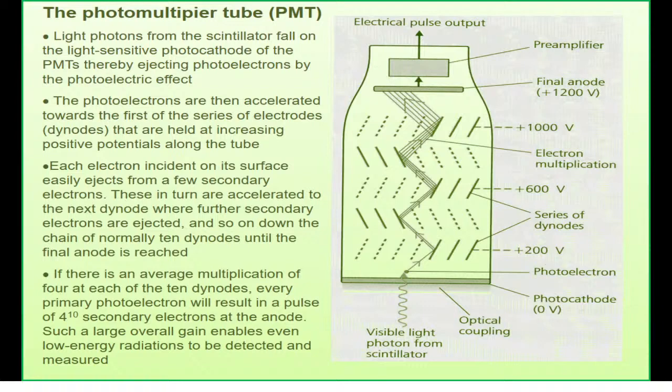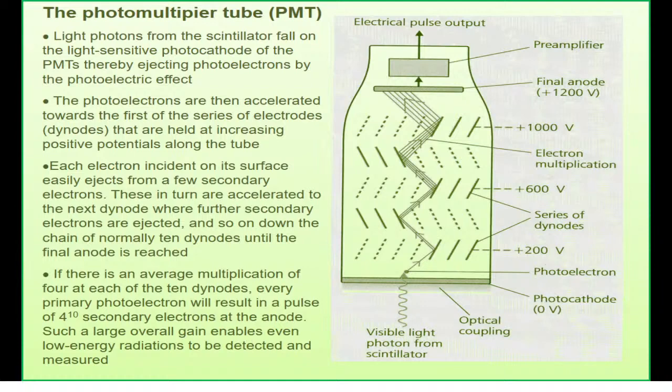Light photons from the scintillator fall on the light-sensitive photocathode of the photomultiplier tube, thereby ejecting photoelectrons. By the photoelectric effect, the photoelectrons are then accelerated toward the first of a series of electrodes.